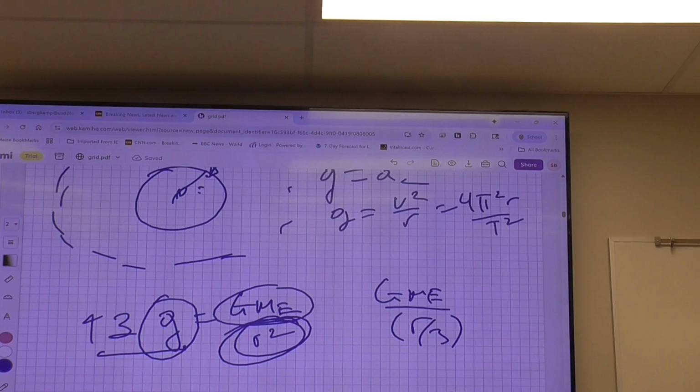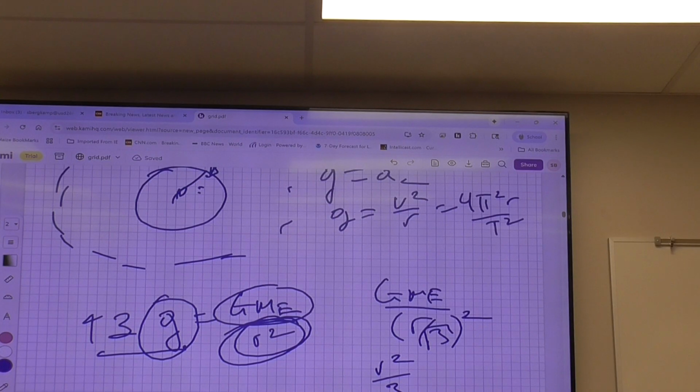So what am I going to do? Square root 3, divided by that number. So I decrease the radius by the square root of 3. Because then when I square that, that becomes r squared over 3. Okay? So be able to think through problems like that.